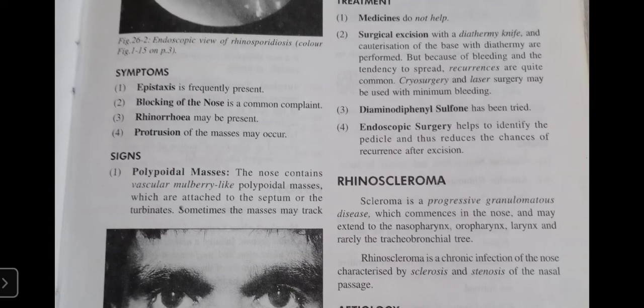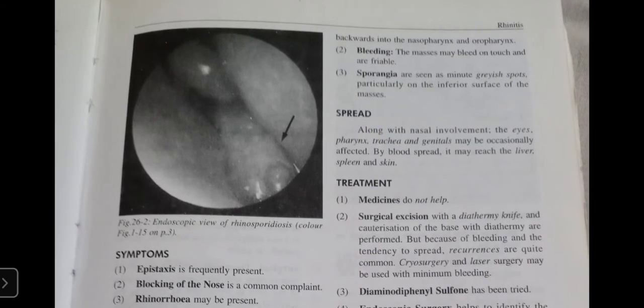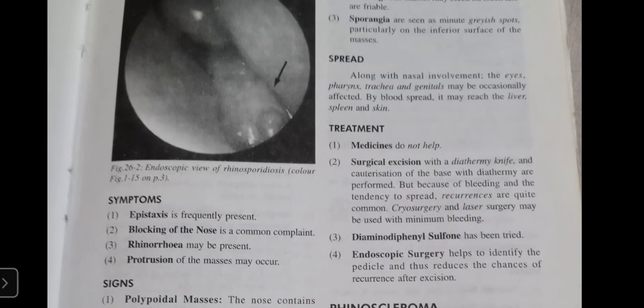Then there will be bleeding. Masses may bleed on touch because they are friable, and there will be sporangia that is seen as minute grayish spots on the infected surface of masses. Okay, so bleeding and then sporangia.